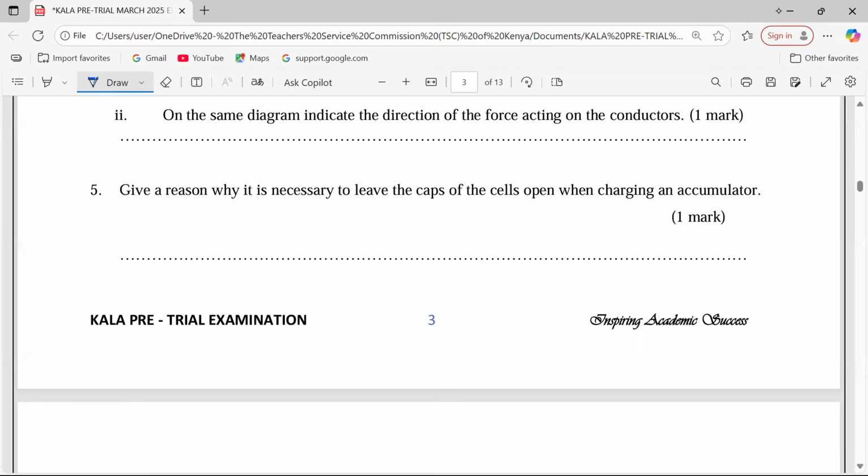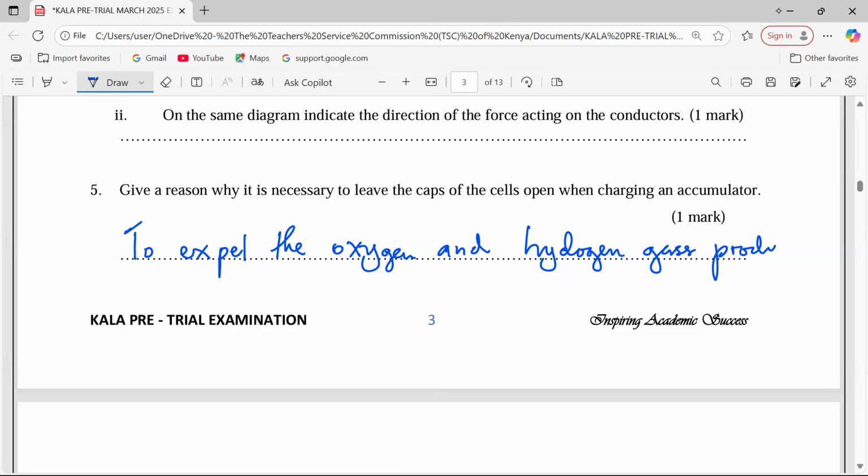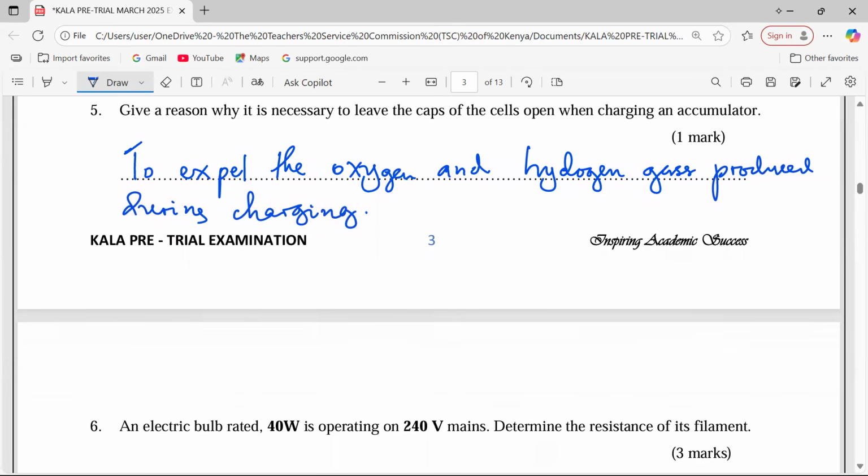And this is to ensure that we expel the oxygen gas and also the hydrogen gas produced during charging. So during the charging process, we have oxygen gas and hydrogen gas being produced.